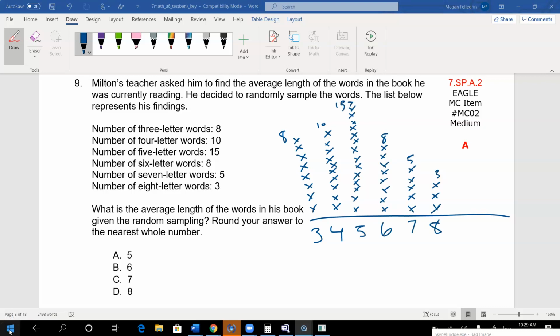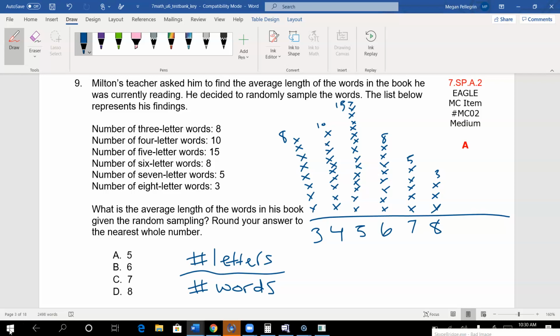Okay, so now that I've completed my little chart, let's look at these results. We have 8 words that are 3 letters each. So what we really need to look at is the number of letters out of the number of words to find the average.